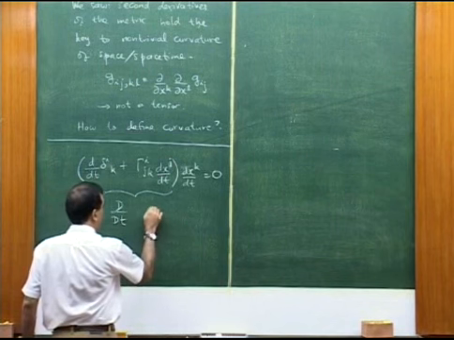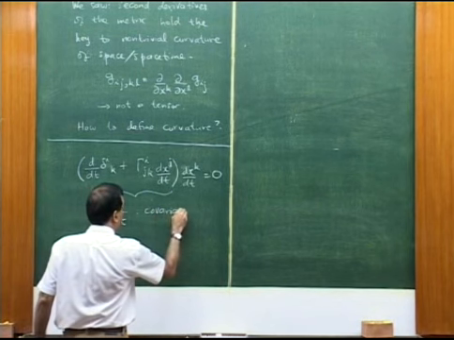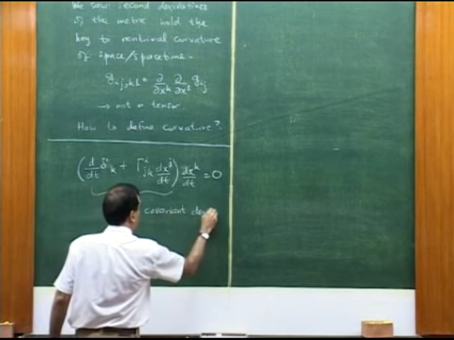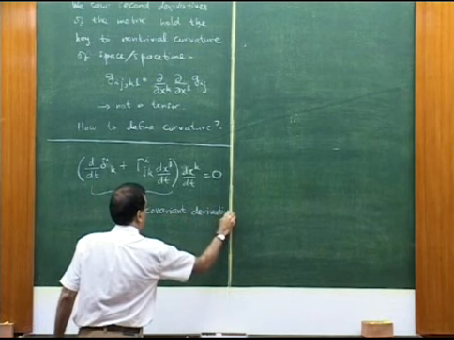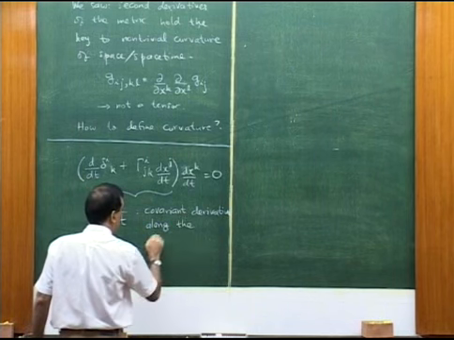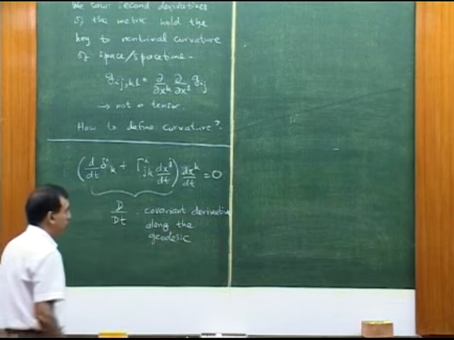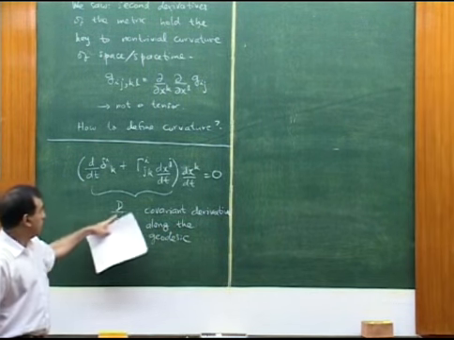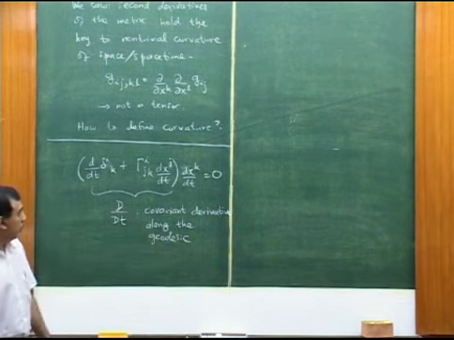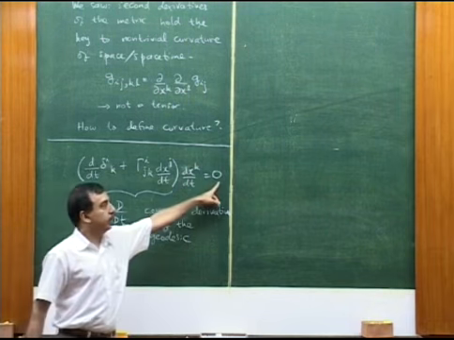Well, first let's give it a name. This I'll call the covariant derivative along the geodesic. Of course, t is the parameter of the geodesic. t is a parameter. So this is a particular kind of derivative. And what it's telling us is that the velocity vector, if I subject it to this derivative, then that thing is 0.